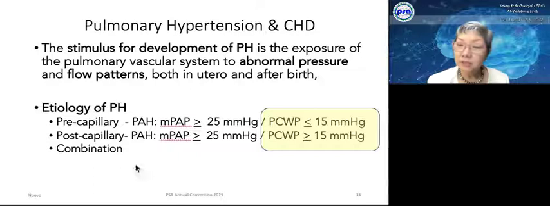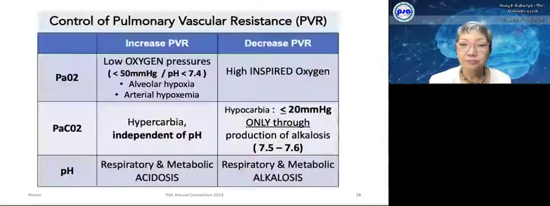To be nitty-gritty about it, both will have higher mean pulmonary artery pressures, and to differentiate, it will be in the wedge pressure measurements or LA pressure measurements. Greater numbers are expected in post-capillary pulmonary hypertension.